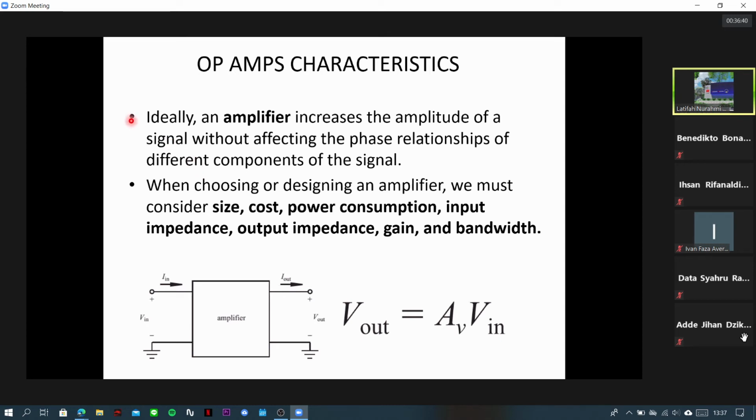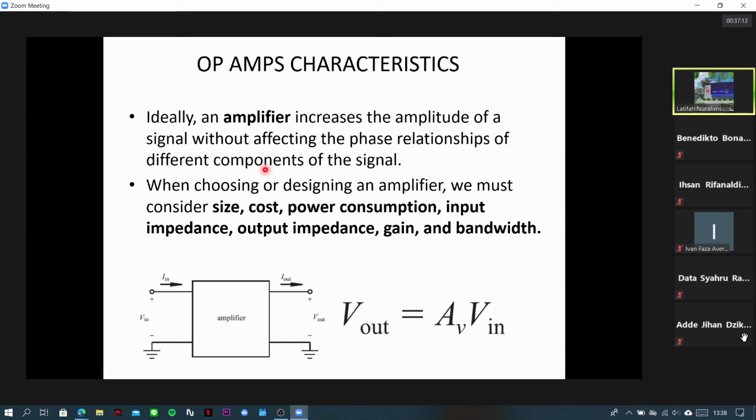Now, an amplifier increases the amplitude of a signal. Remember, an amplifier increases the amplitude of a signal without affecting the phase relationship of the different components of the signal. So it means that op-amps increase amplitude without any changes in the components of the signals.